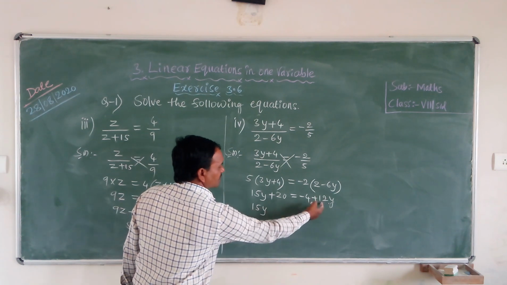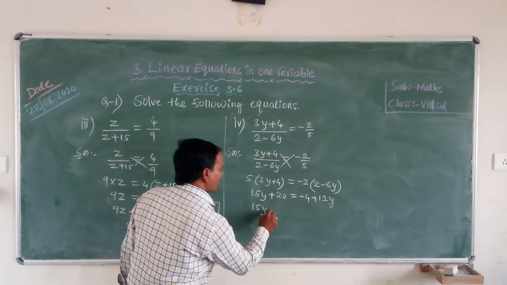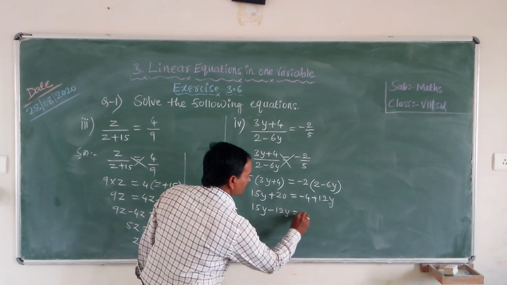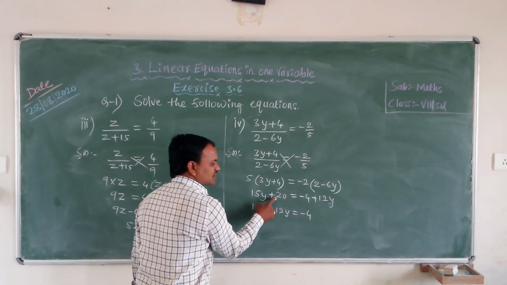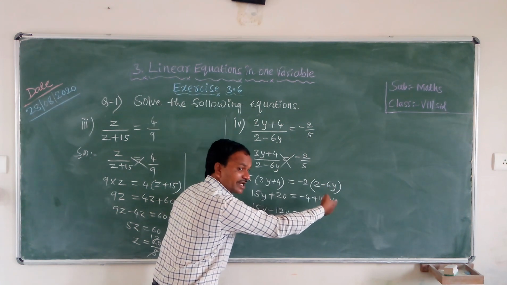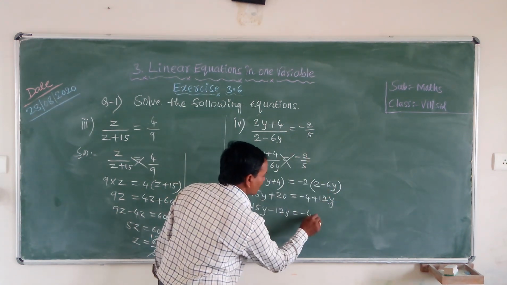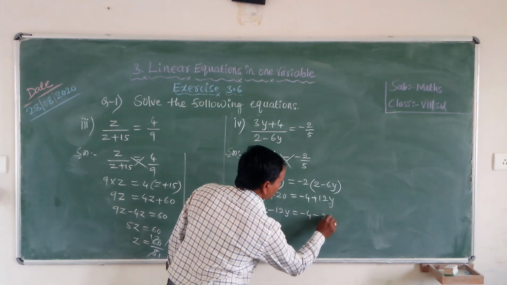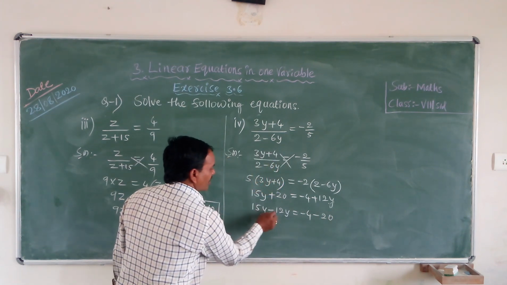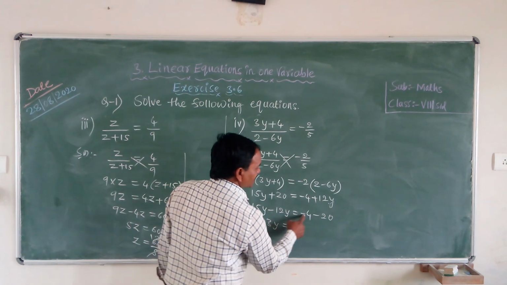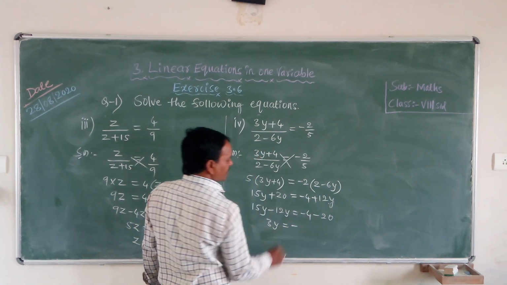15y plus 4y is there. Transfer to the LHS side: minus 4y is equal to minus 2, a constant number, plus 20 is there. Transfer to the RHS side: plus becomes minus 20. So 15y minus 4y, 3y, is equal to minus; both sides have the minus sign, keep it.